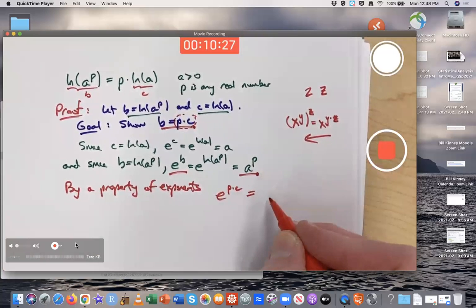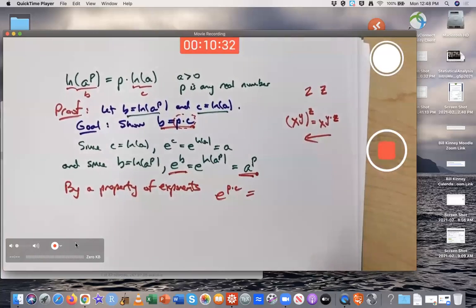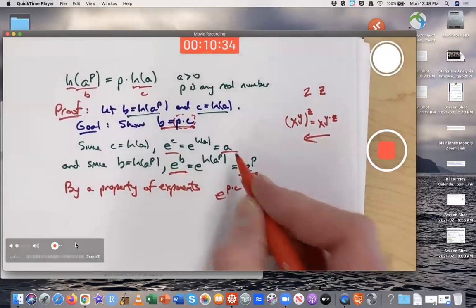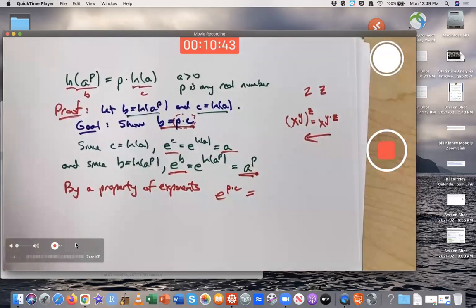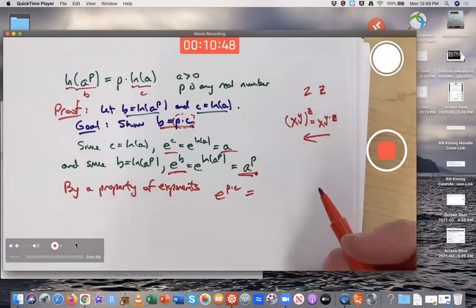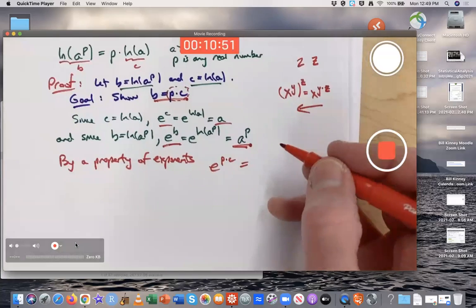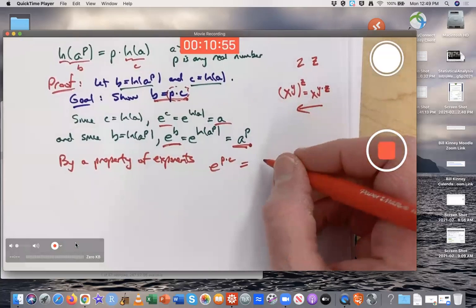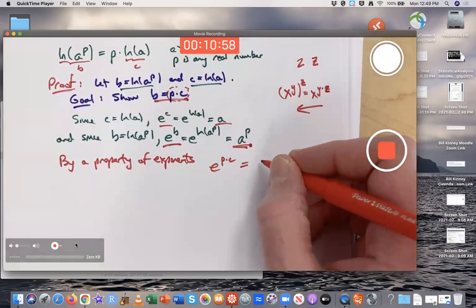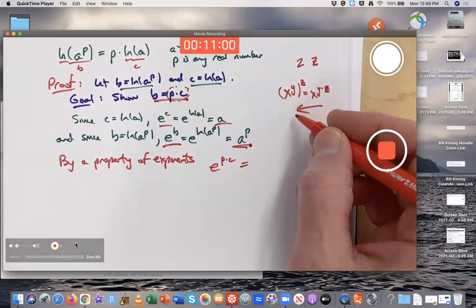I want to show this equals a to the p, using this fact, perhaps, or this fact, perhaps. Do you see it? You want to use the c for y, actually.